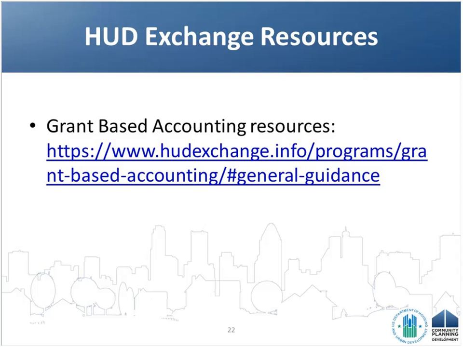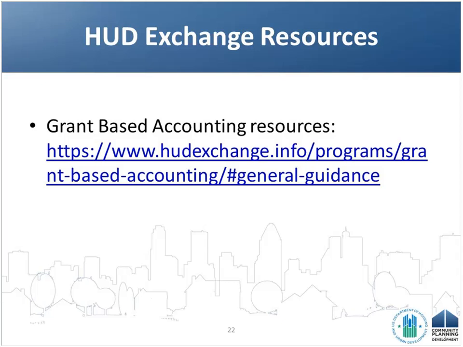So basically, what happens to the funds sent back to HUD? The funds sent back to HUD, you send funds to your line of credit. It will add back to your line of credit. You will apply that returned funds to the original admin and planning activity. That will reduce your draws and increase the total funds available for you.